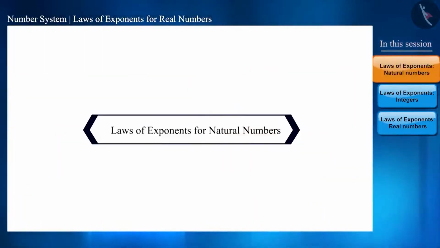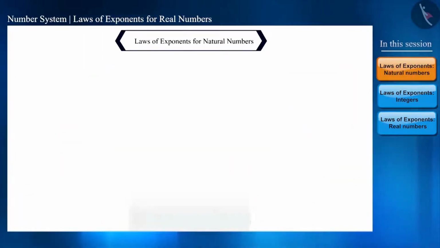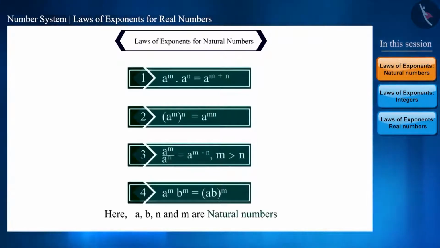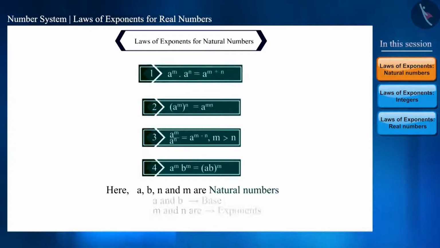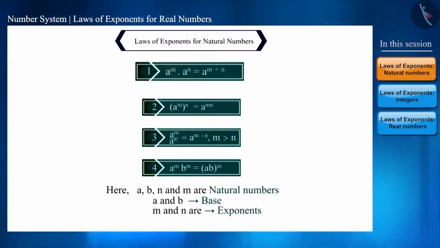Friends, we have studied the exponential rules for natural numbers in previous classes. As per the first rule, if a raised to power m is multiplied with a raised to power n, since the bases are the same, the powers are added.